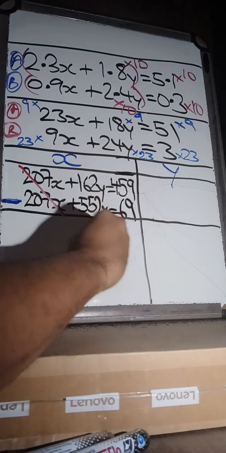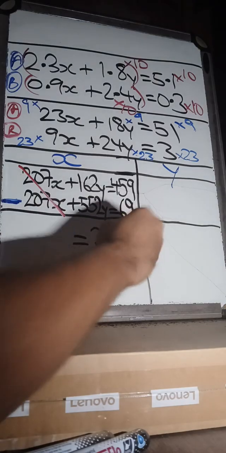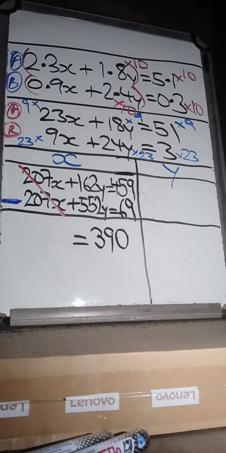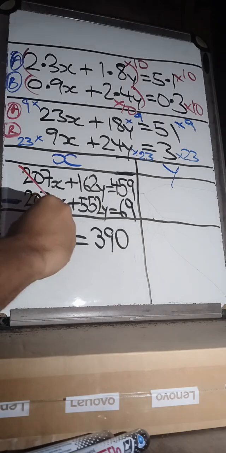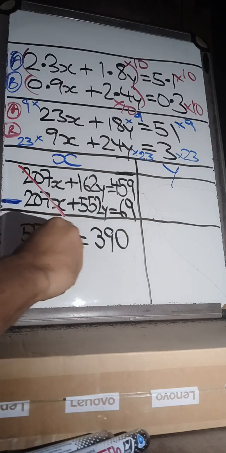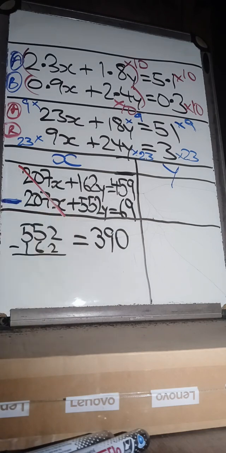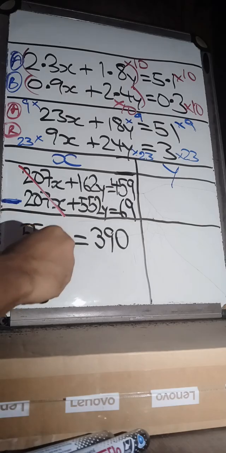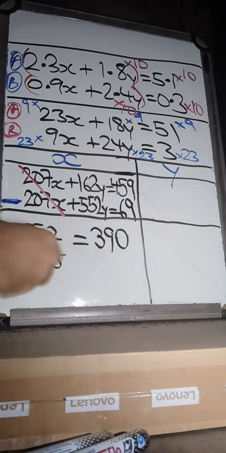So this side is 390. Now, let's do this now. 552 minus 162. So we have what? If we take 52 from both of them, we're left with this.